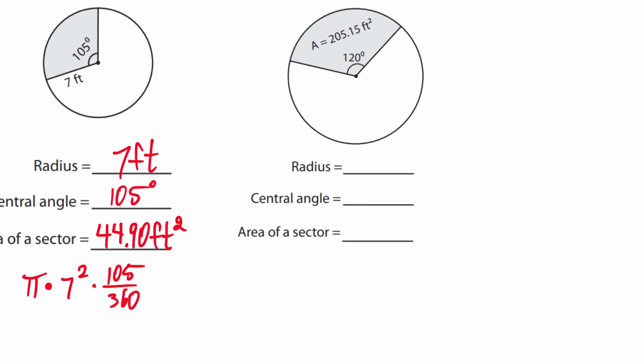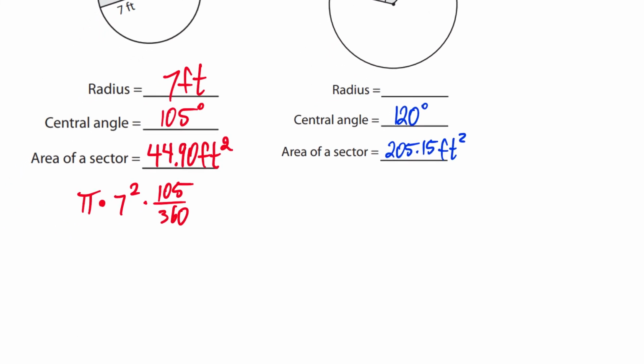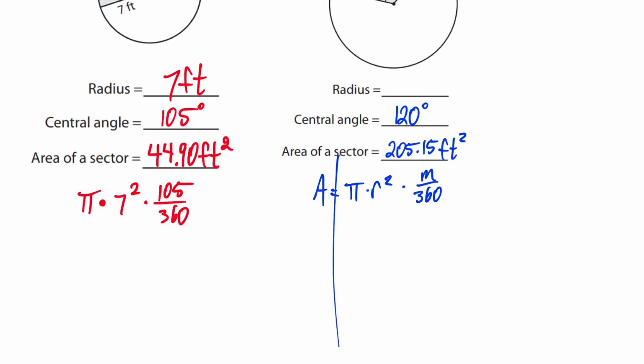Okay, this last one, what's the radius of that circle? That's what we're looking for. What's the central angle? 120. And the area of the sector, 205.15 feet squared. So area equals pi r squared times m over 360. The area is 205.15. The r is what I'm looking for, I'm going to put an x in place of that.